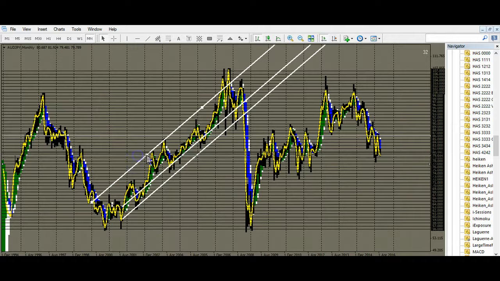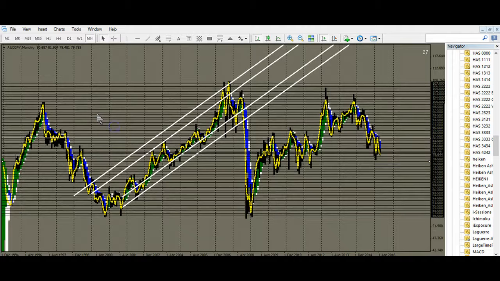So if you commingle these two, you've got the color system. Here you know channel-wise that you're in a down channel. Right, this is obviously an established down channel. But when you rally back in, you're getting the green up, you know you're ready to hit the sell key, and you've got all the sell limits clustering up here.